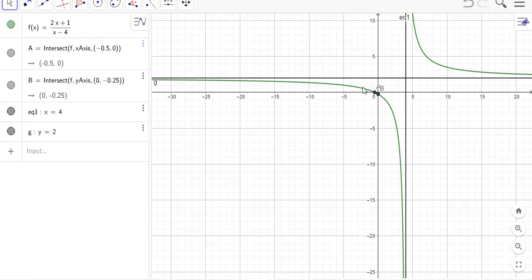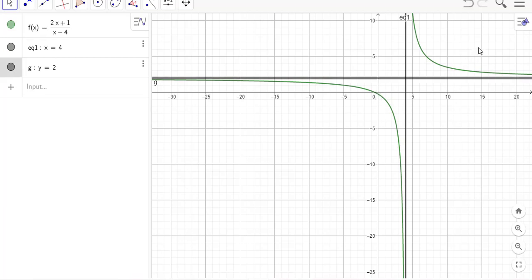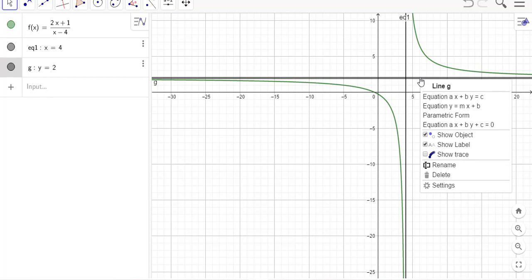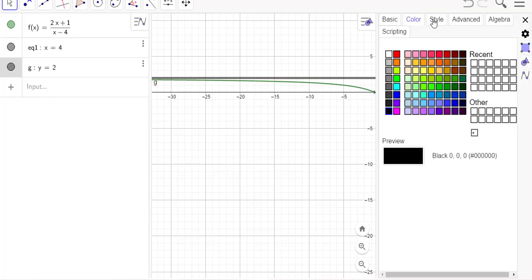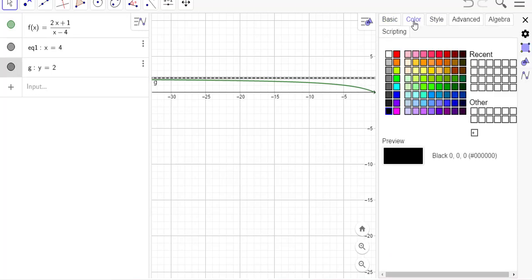Now I can remove this point. I can set this to be broken lines since it's an asymptote. Then we can give it a beautiful color.